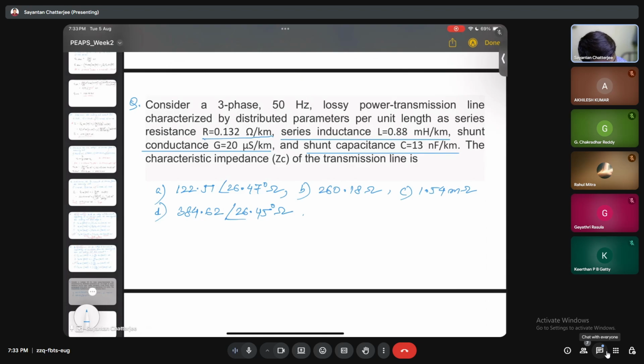So the characteristic impedance ZC of the transmission line is, here it is for lossless and lossy, we need to just take care of these two terms. Sometimes these many parameters can also be given and the term lossless will be mentioned. So in those cases, this question becomes a bit tricky. So opt for it carefully in the exams also.